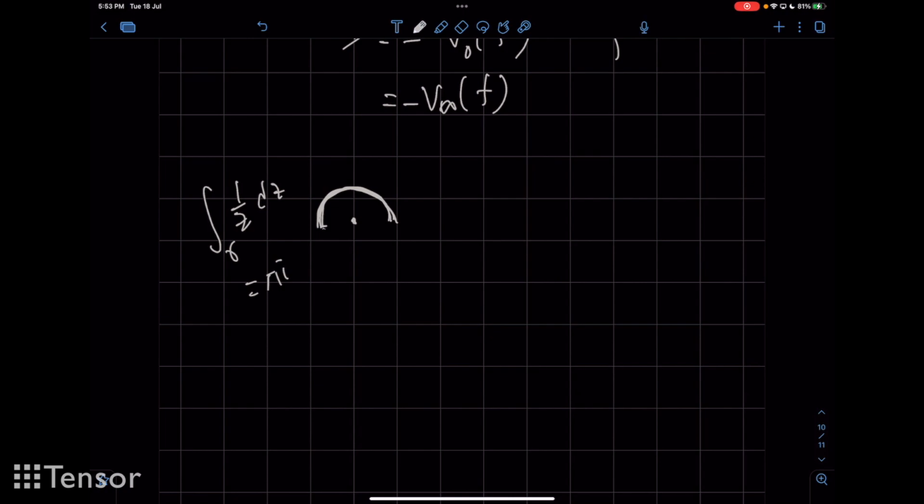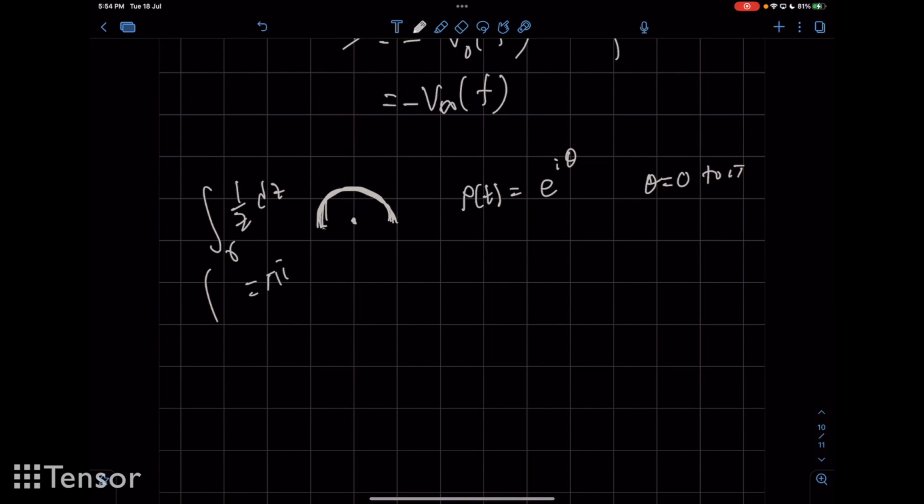So let's try to do it. How can we parameterize this curve? Without loss of generality, suppose that the radius is 1. So e to the I theta, where theta is from 0 to pi, right?